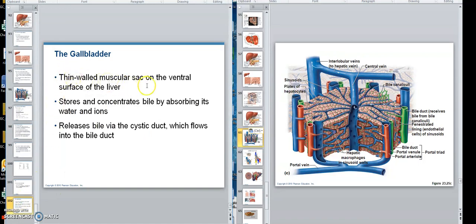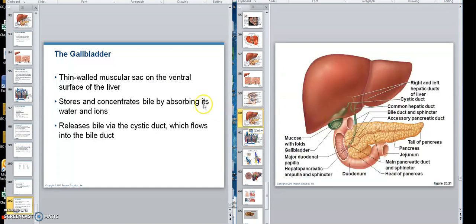The gallbladder is a thin-walled muscular sac that stores and concentrates bile and releases it through the cystic duct. Now what happens is, when lipids get in here, a hormone called CCK is produced by the enteroendocrine cells, those cells that produce hormones.